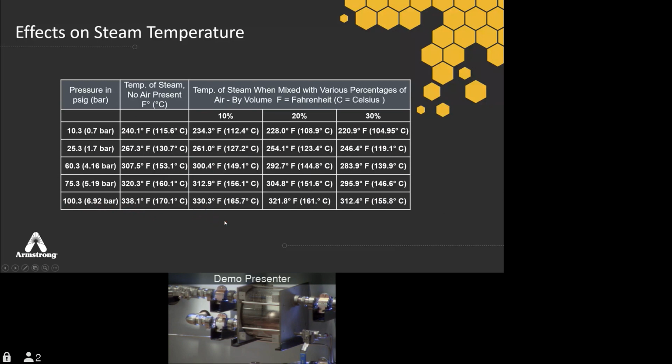Now, if you can have 10% by volume of air in a concentrated area, you can easily have 30%. And in fact, that gets to be a bigger issue because the more air present in that concentration, the lower my temperature. And so for an end user, an operator with a heat exchanger or a process device, he may not sense the loss of 8 degrees with the presence of that air, but he probably will recognize the loss of 26 degrees here, so I drop down to 312 degrees with a 30% concentration at 100 psig.